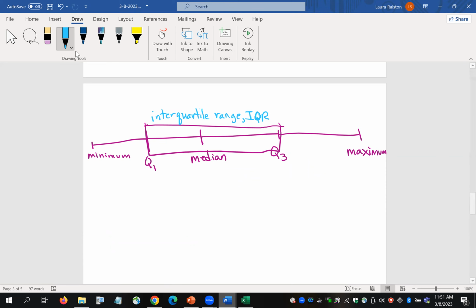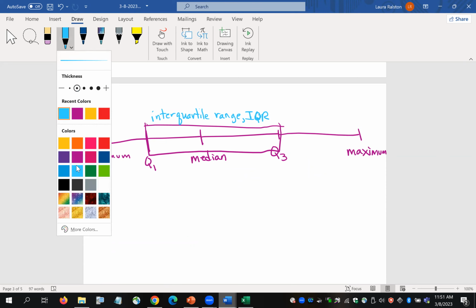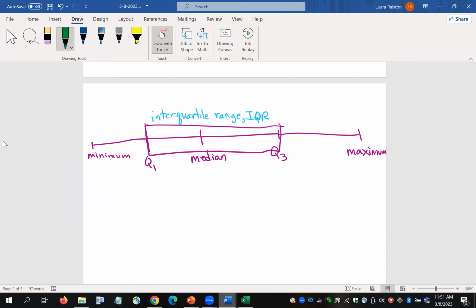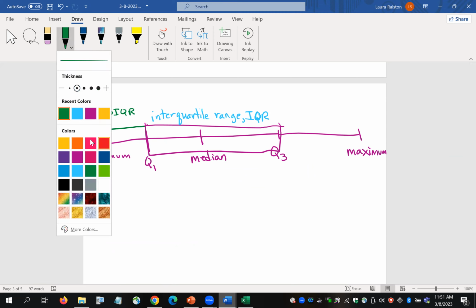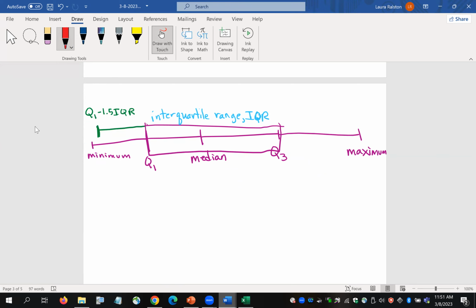So we're going to calculate Q1 minus 1.5 times the IQR. And whatever that value is, I'm going to put a fence post there. And if I have any values that are beyond that value, they're considered outliers.